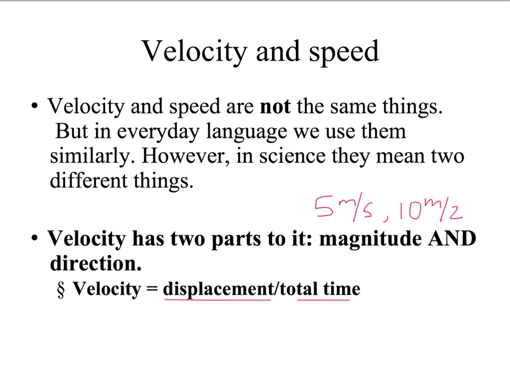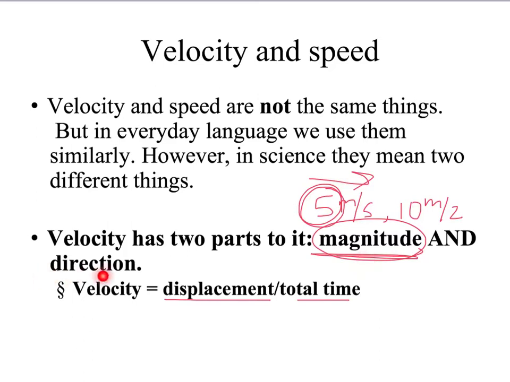So if we really wanted to be extremely accurate, we would need to say that the cat traveled 5 meters per second to the right or to the left, or whatever direction we chose. But the magnitude part of the equation is just this number, and sometimes we refer to the magnitude of velocity as the speed of a velocity.